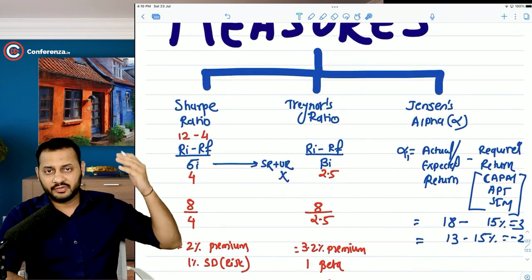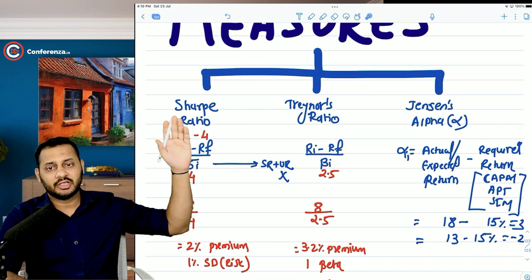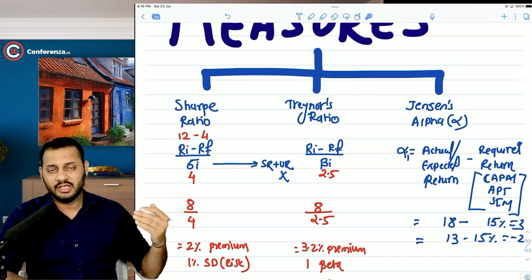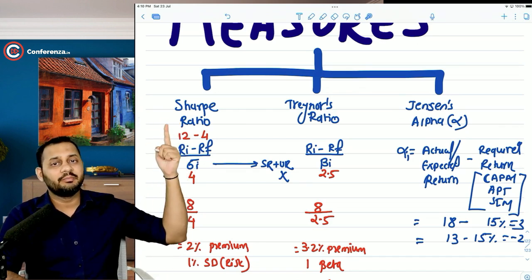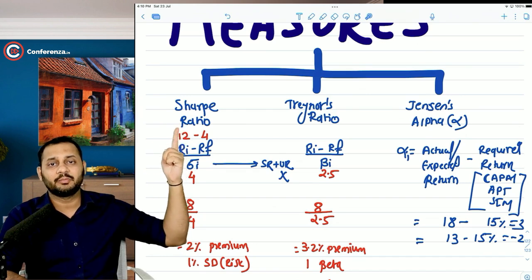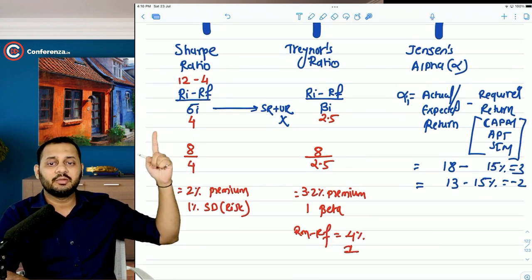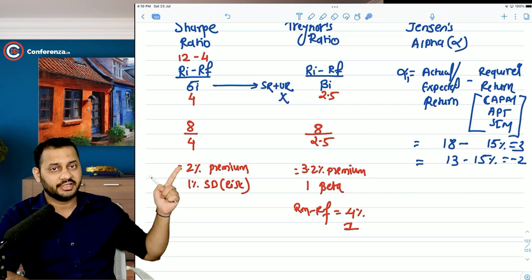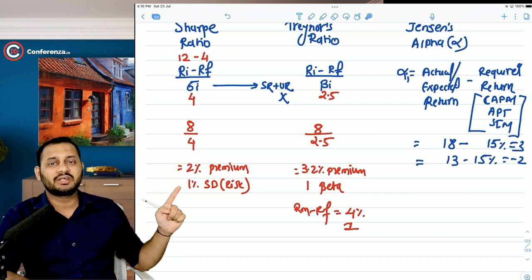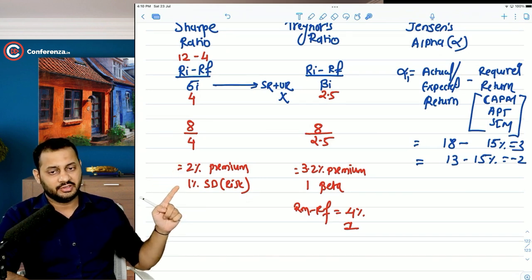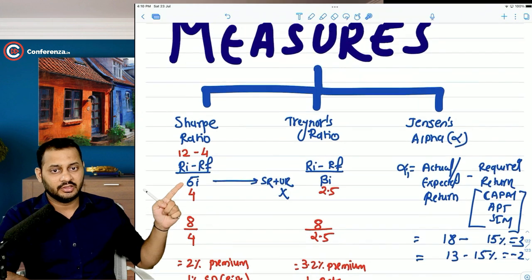Given different types of stocks, you can calculate the Sharpe ratio for each of the stocks. Higher Sharpe ratio is better. The security with higher Sharpe ratio will be better. Higher Sharpe ratio represents higher percentage premium for 1% of standard deviation. This will remain the same for all the securities.